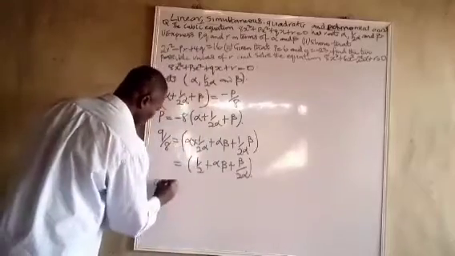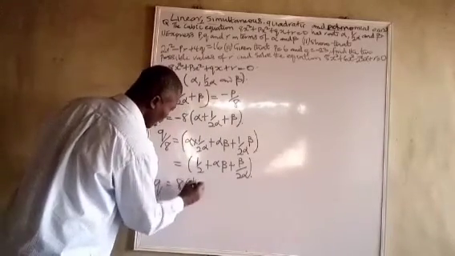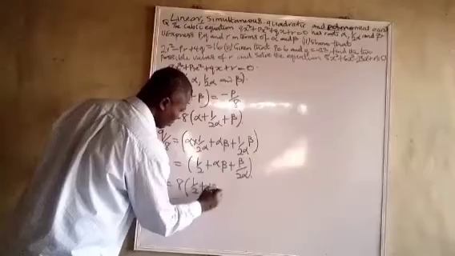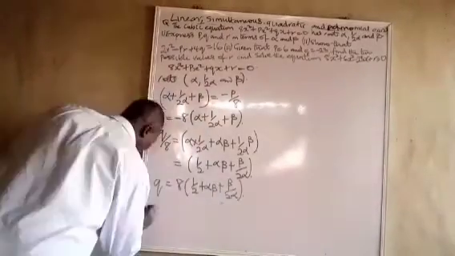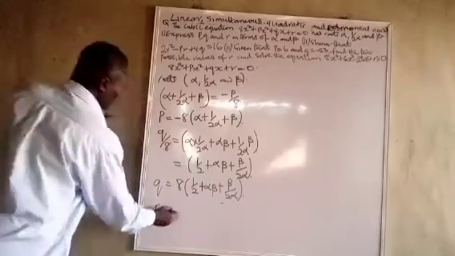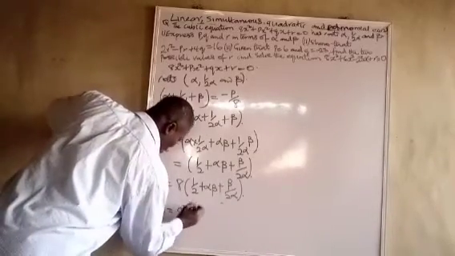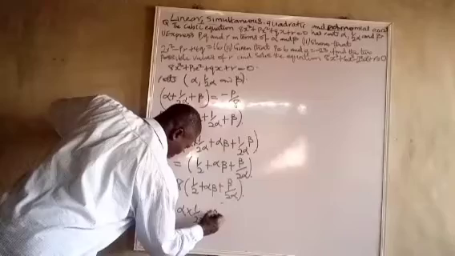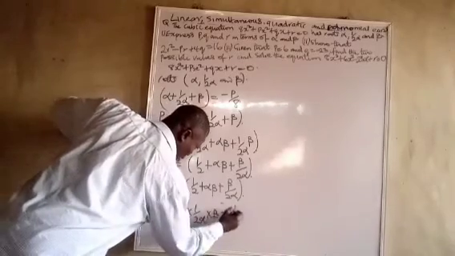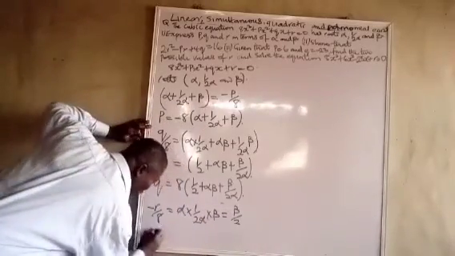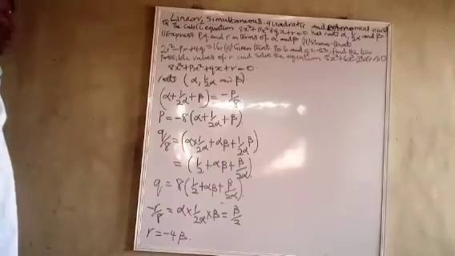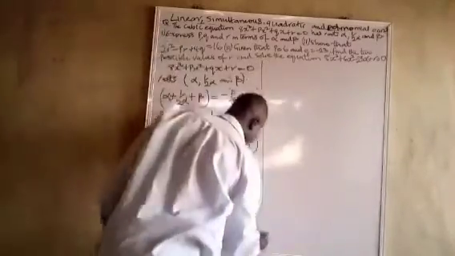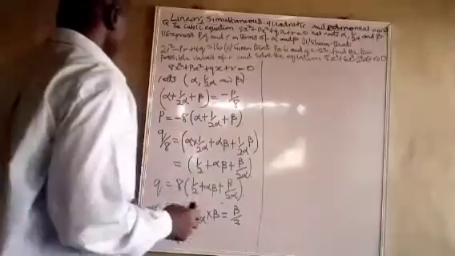So q will be equal to 8 into half plus alpha beta plus beta over 2 alpha. Minus r over 8 will be equal to the product, that is alpha times 1 over 2 alpha times beta, and that is beta over 2. Therefore, r will be equal to minus 4 beta.